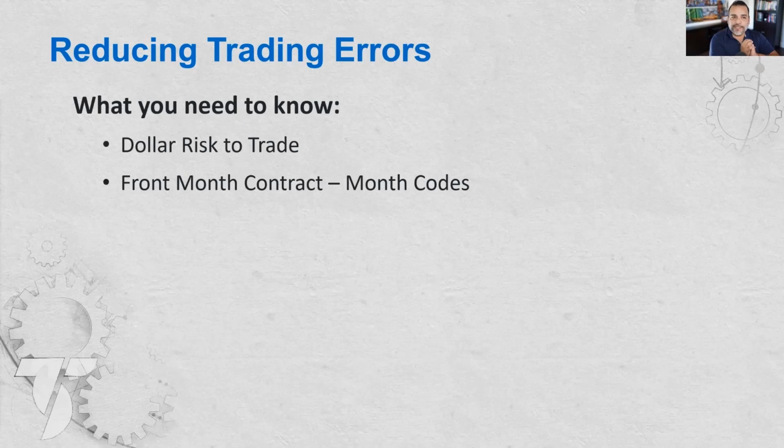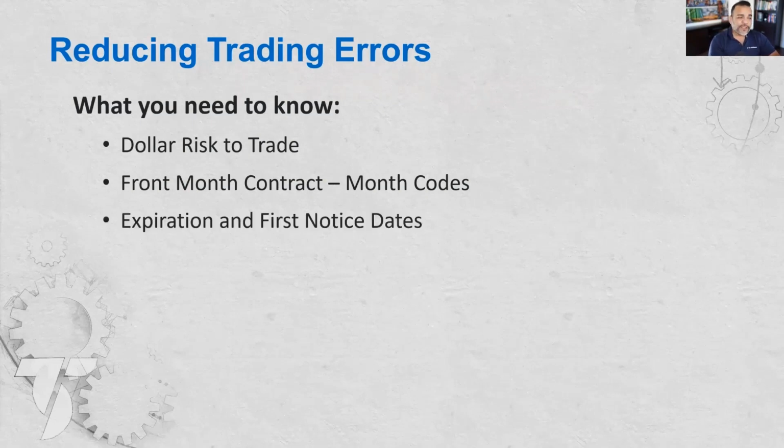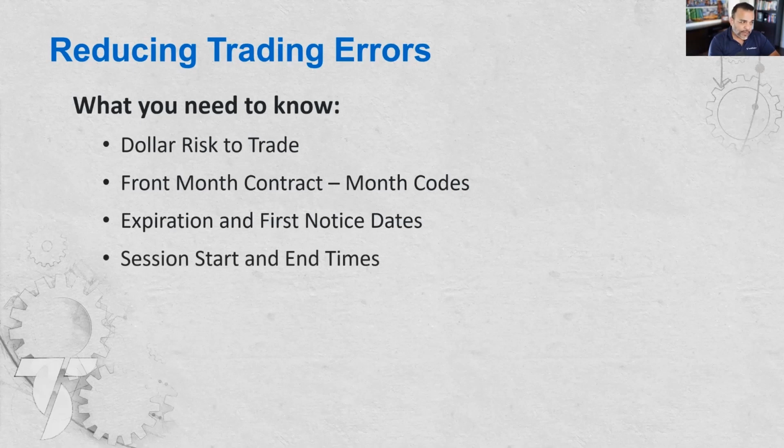You don't want to be stuck in a trade that does not have enough liquidity because of trading something that you didn't intend to trade. So always be aware of the expirations and the month codes, because that'll tell you specifically if you're making the trade on the right symbol. Also, be aware of expiration dates and first notice dates. These are all different depending on the commodity you're trading.